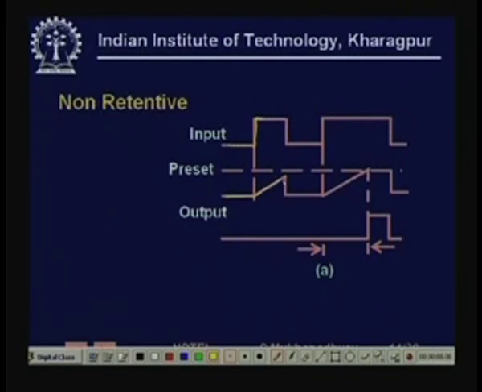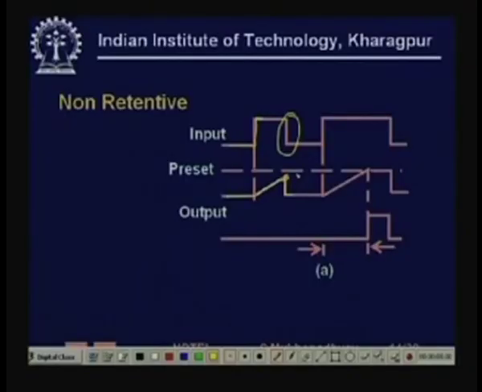After some time the input comes down. It has timed up to a certain amount, but it has not reached its preset value. So what would happen to the timing register value at this point? In non-retentive timers the timing register value is reset to 0.